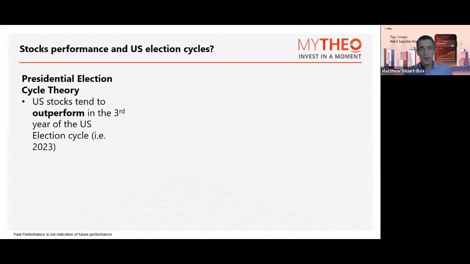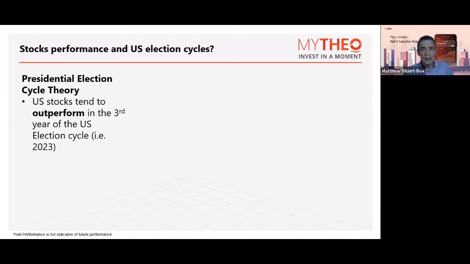Every 4 years, we have a presidential election. There's loads of research on how the stock market performs through this cycle. And the common result is that in this 4-year cycle, US stocks tend to outperform in the 3rd year of the cycle.